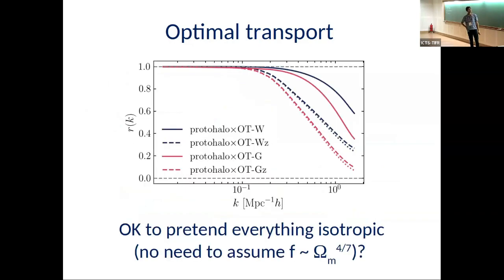Yeah. And a final check that that's true, we can just do the cross correlation between the initial proto-halo field and the reconstructed field. And this is what it is in real space. So R of 1 means they're tracing each other. So as you go to smaller scales, they fall off. But here in redshift space, redshift space is worse than real space.